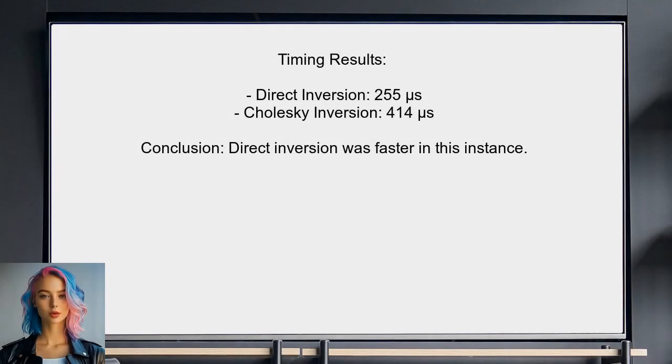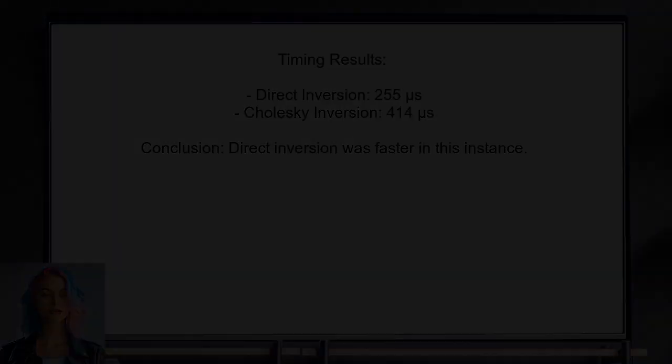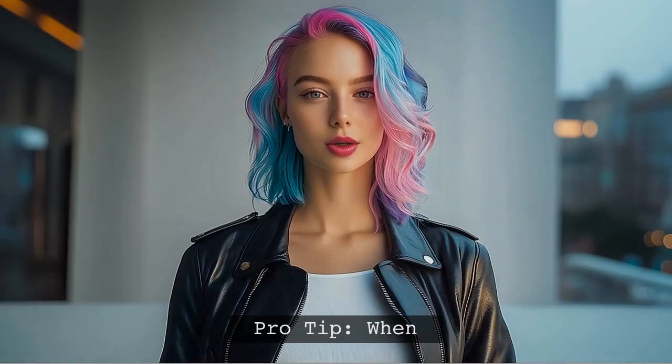The user reports that the direct inversion takes about 255 microseconds, while the Cholesky method takes around 414 microseconds. This suggests that while Cholesky decomposition is theoretically more efficient for large matrices, in this specific case, the direct inversion was faster.